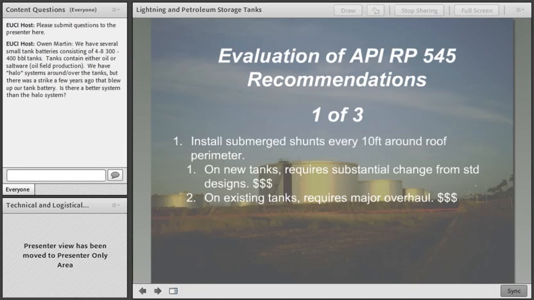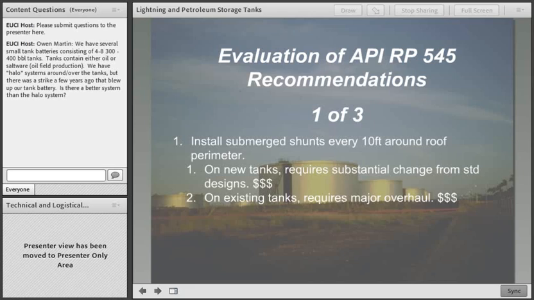So I'd like to look at each of these recommendations in a little bit more detail. The first one, install submerged shunts. In order to do this, if you owned a tank, you would need to empty the tank. You'd have to send workers in the tank to remove the shunts from above the roof, and then send workers under the roof to install shunts below the roof.